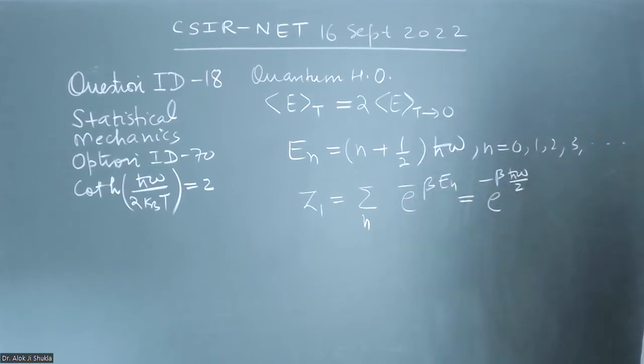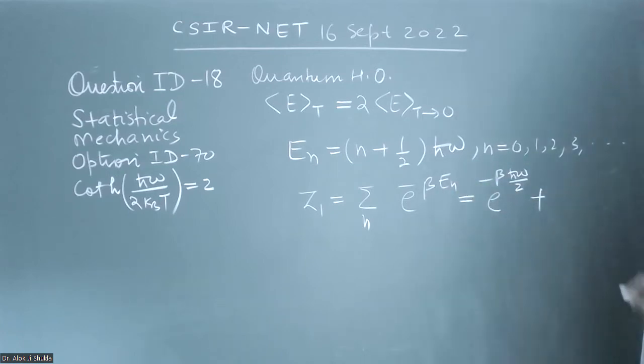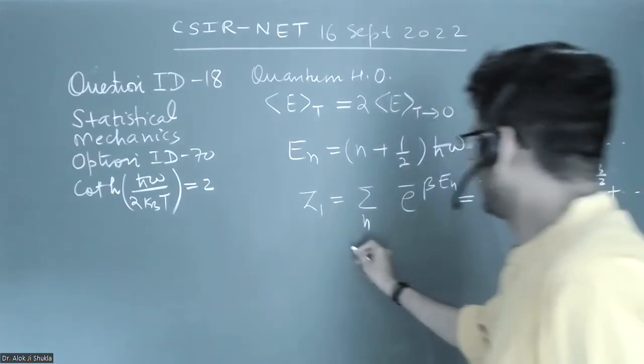Then plus, you take n is equal to 1, so it will become 3 by 2, so e to the power minus beta h cut omega times 3 by 2, and like that plus so on.